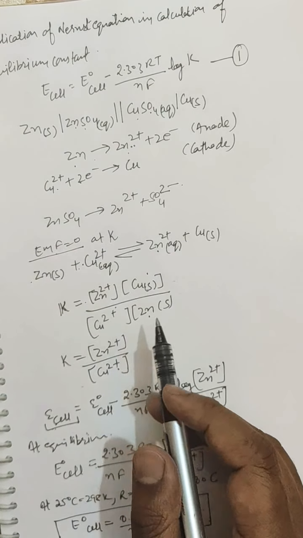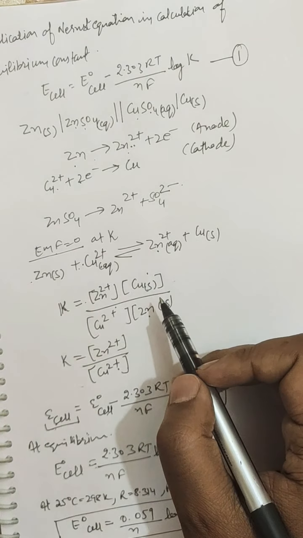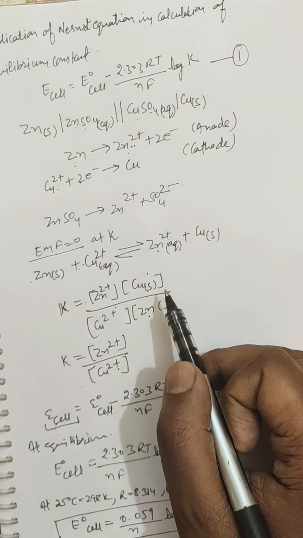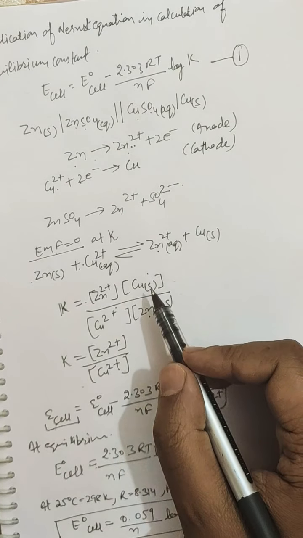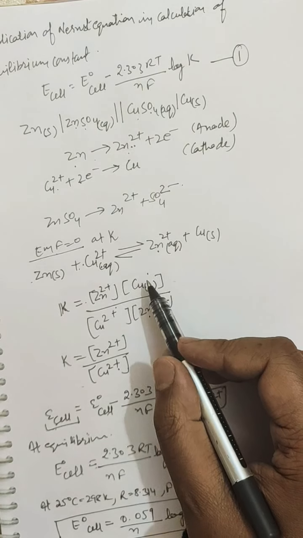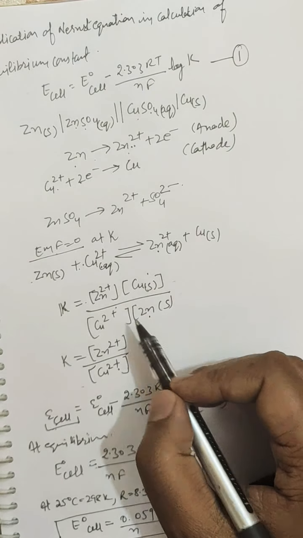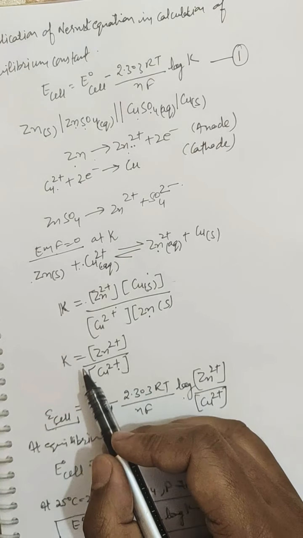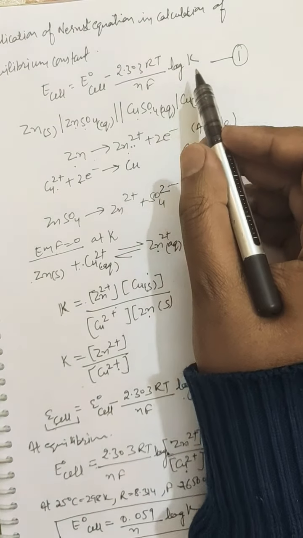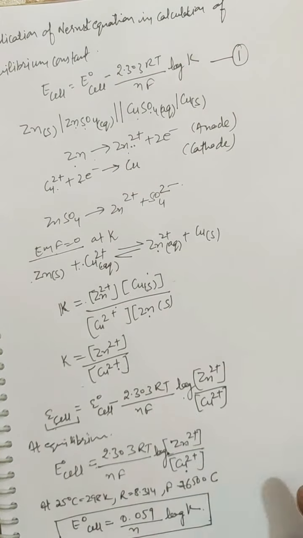Further, the concentrations of the solid metals are taken as 1 by convention. So putting the value of copper solid and zinc solid as 1, our above equation reduces to this equation. So putting the value of K in equation 1, we write it this way.